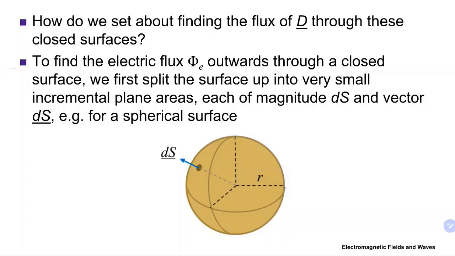This vector dS is just the same as the area vector we defined just now. Just now we defined a big circle with a vector S, which is perpendicular to the surface. And dS is just a very small, tiny version of that.